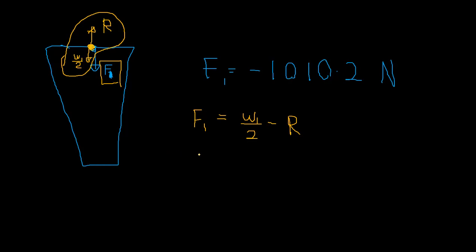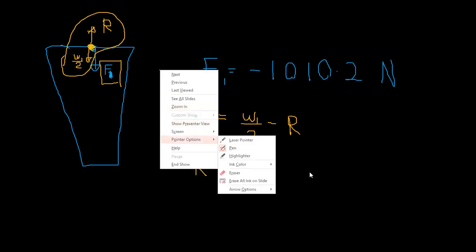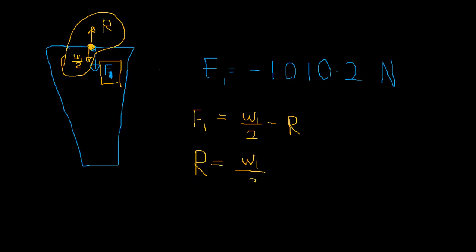So F1 is good. So your R is going to be W1 over 2 minus F1, right? I took the R in the upper direction, okay?